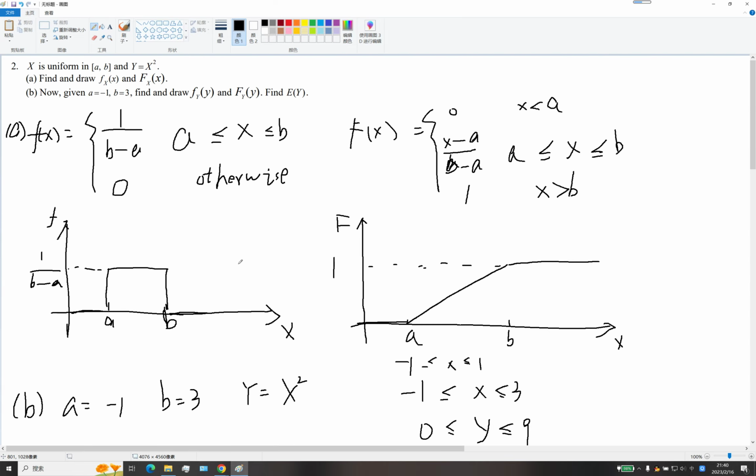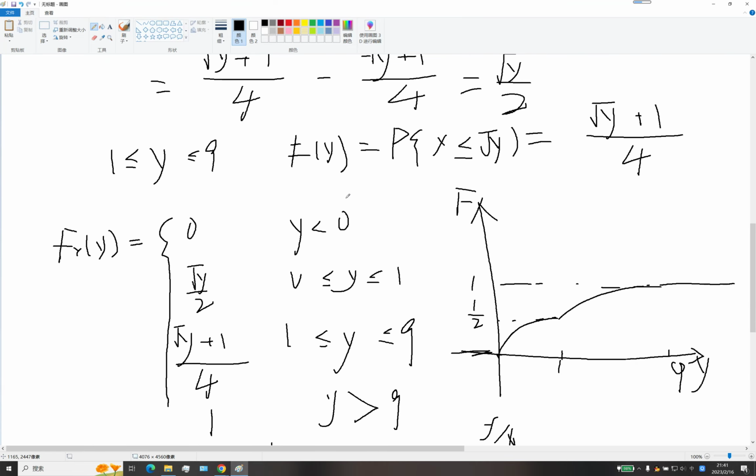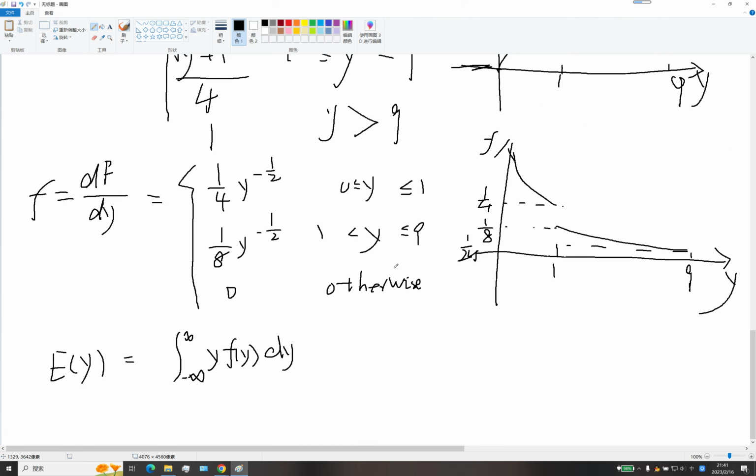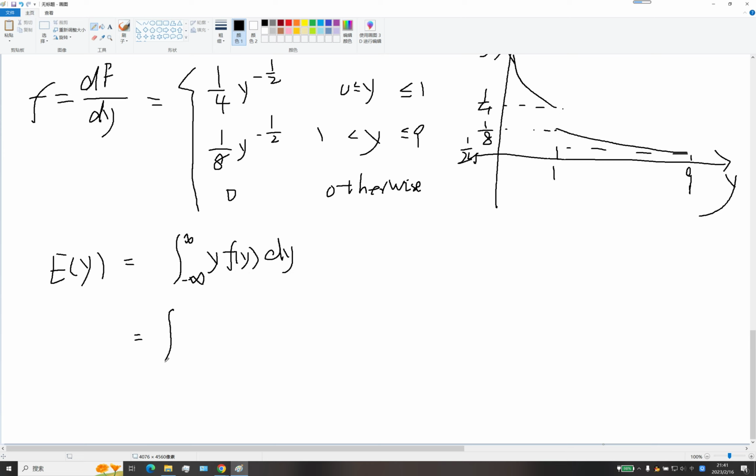Now, the last question is to find E[Y]. So E[Y] is the integral from minus infinity to infinity of y f_Y(y) dy. Because f_Y is only between 0 and 9, we can do it like this.